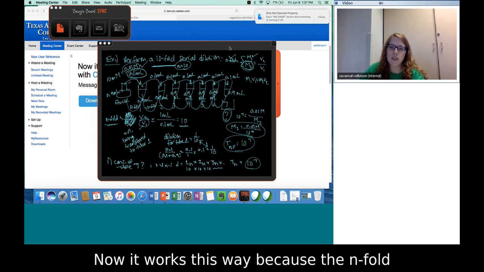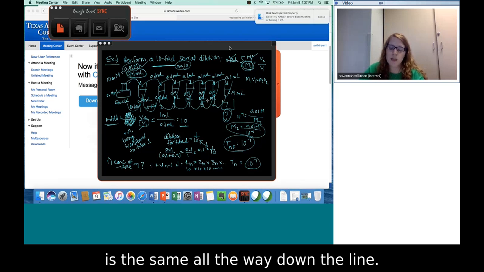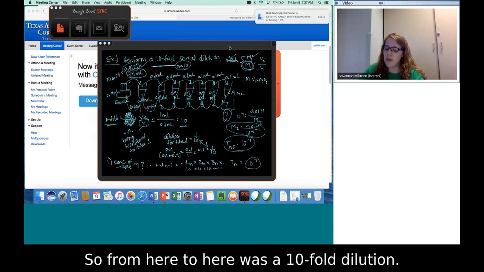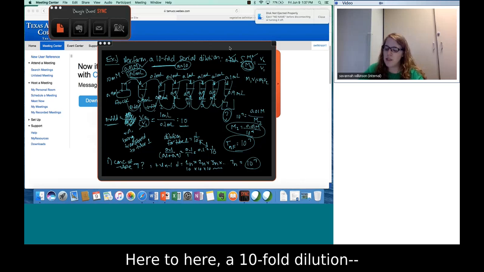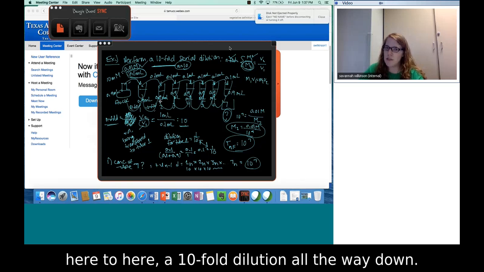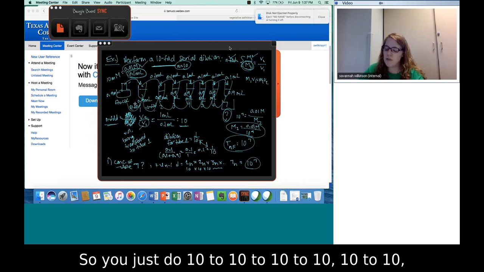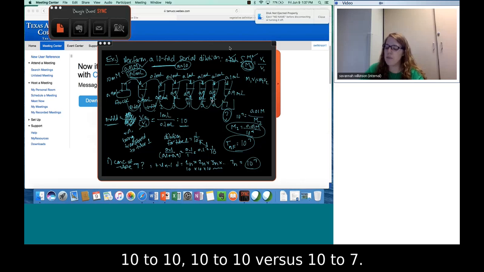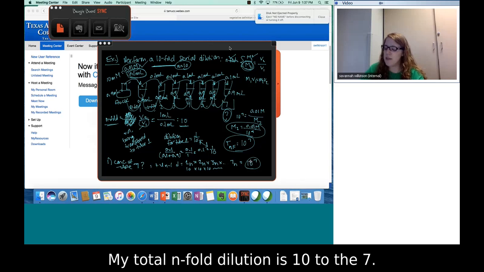Now it works this way because the N-fold is the same all the way down the line. So from here to here was a tenfold dilution. Here to here, tenfold dilution. Here to here, tenfold dilution. All the way down. So you just do 10 times 10 times 10 times 10 times 10 times 10 times 10, which is 10 to the 7. My total N-fold dilution is 10 to the 7.